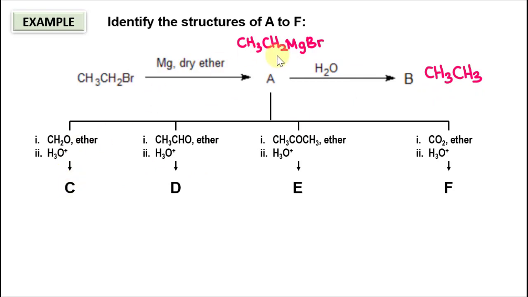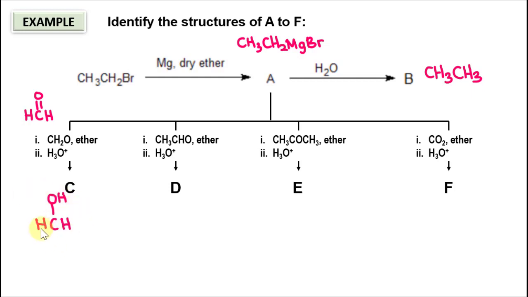When the Grignard reagent A reacts with CH2O in ether followed by hydrolysis, the CH2O is actually methanal, where we have HC double bond O, H. To draw the product C, I will start off with my methanal, where I draw it as H, C, H, the double bond O I will change into single bond O and I'll put an H beside it.